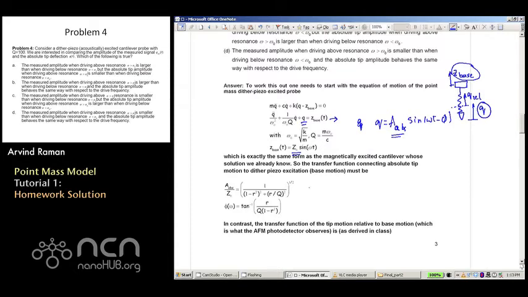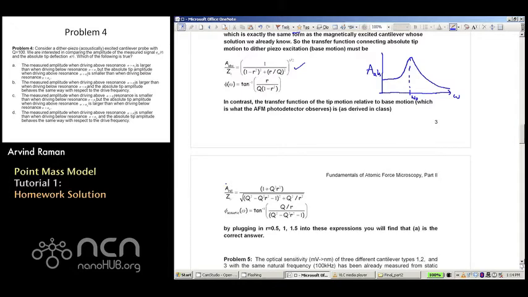In fact, this transfer function is identical to the directly excited cantilever transfer function, and is shown here. Right, and which tells us that if one is going to plot A absolute as a function of omega, one would get a curve that looks something like this. Okay, exactly like in the magnetic case.